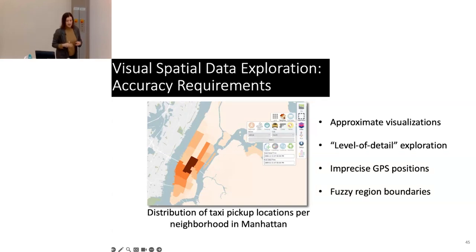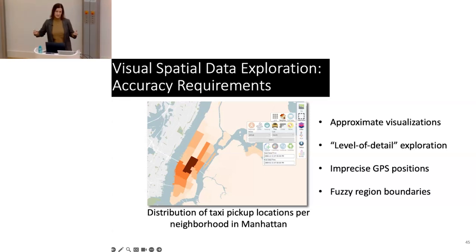And the last observation is that spatial data is not 100% precise inherently. GPS locations, for example, are not 100% accurate. The accuracy that you get today is within a 5-meter radius. And the same goes for region boundaries, because these are artificially imposed in a sense.